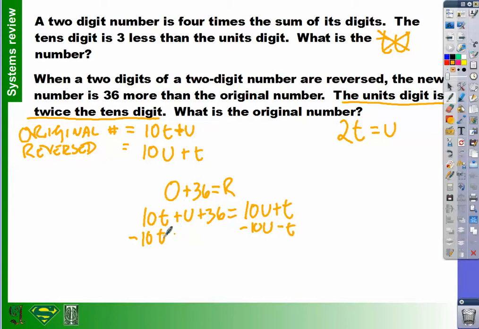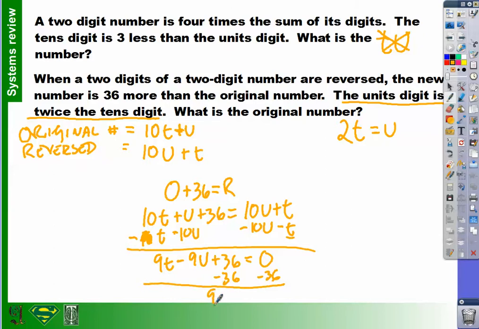So 10t minus t is going to be equal to 9t. u minus 10u is going to be negative 9u, plus 36 is equal to 0. This isn't in standard form, so I'm going to subtract 36 from both sides. So my equation is going to be 9t minus 9u is equal to negative 36.